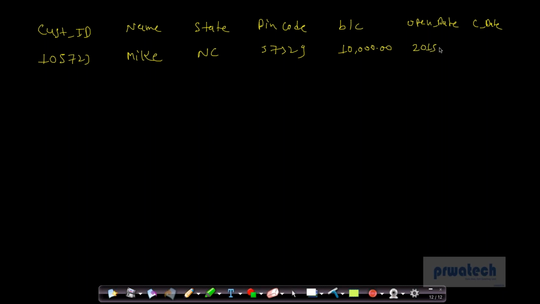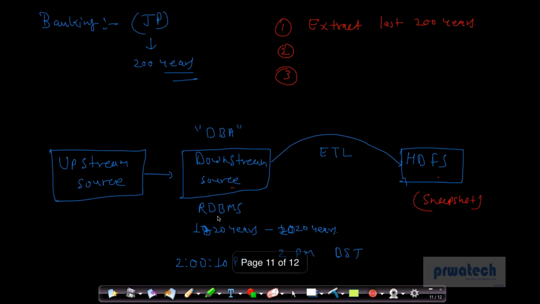Let's say some account was opened on 1st January, 14 hours GMT. This is the open date, and since the account is not yet closed, the closing date will be null. There's no closing date time. This is my one row, guys. This is the result stored in the downstream RDBMS source, and I have extracted this data to HDFS. The extraction is done.